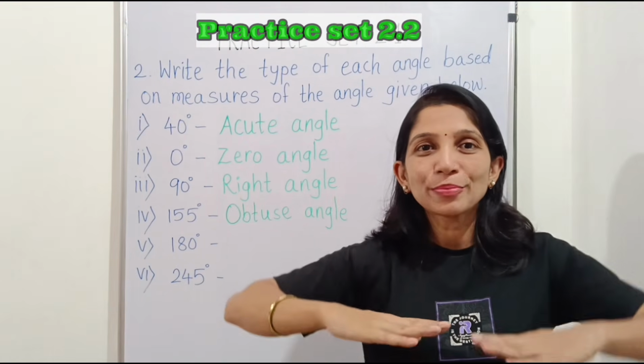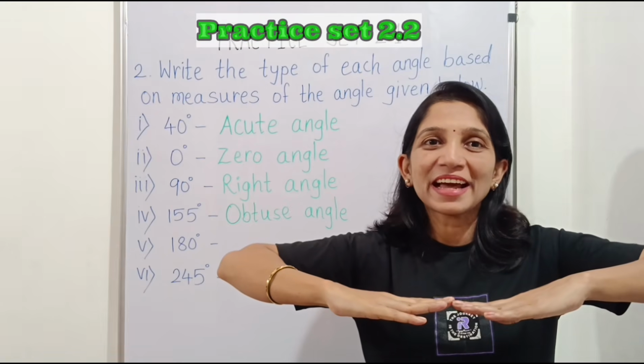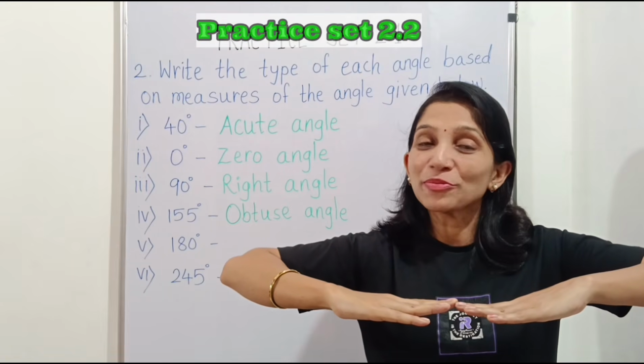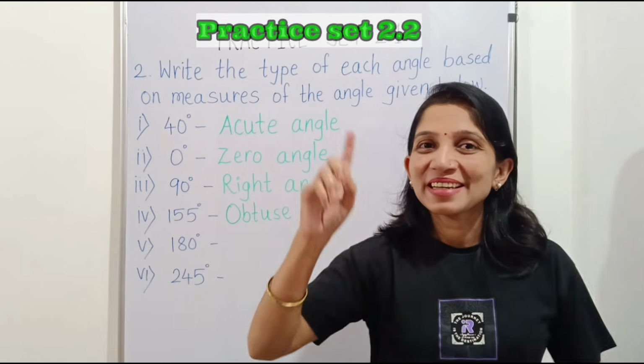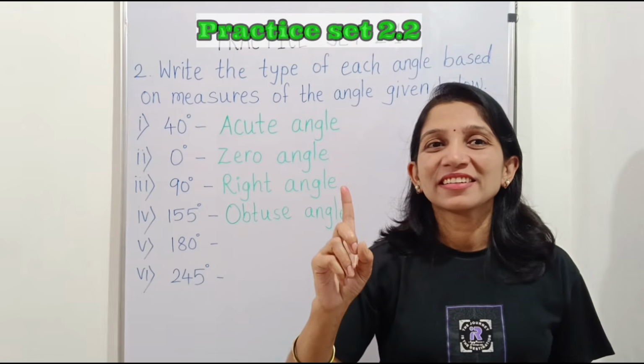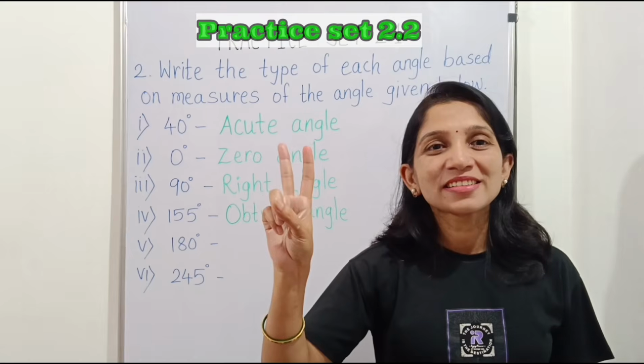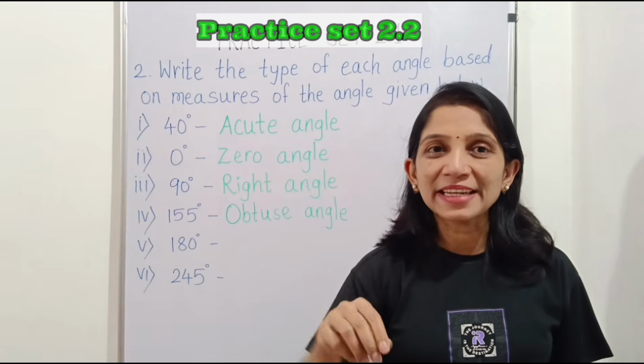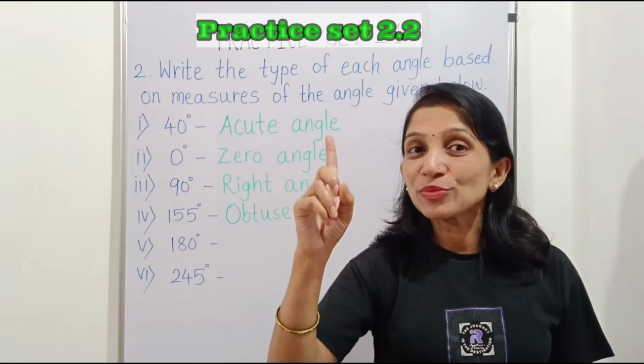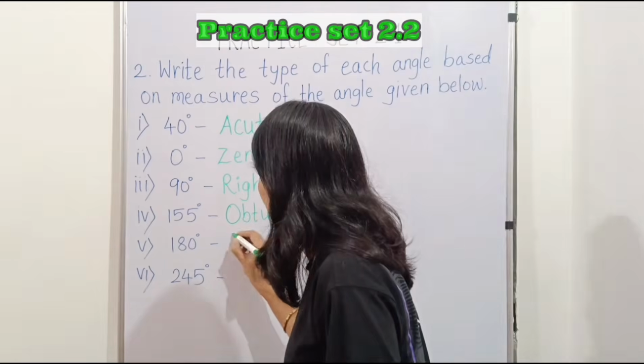Both the arms make a straight line. And the measure of a straight angle is exactly 180 degrees. It forms from two 90 degree angles. 90 plus 90 equals 180, which makes a straight angle.